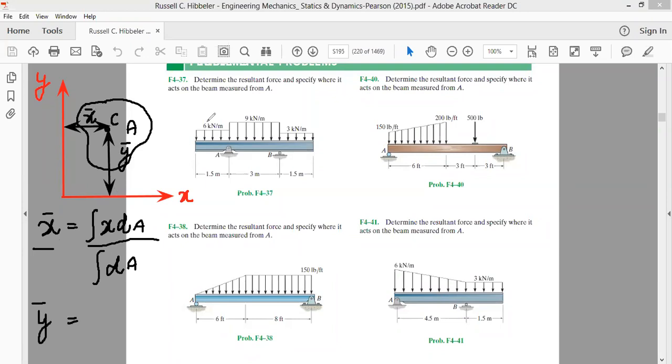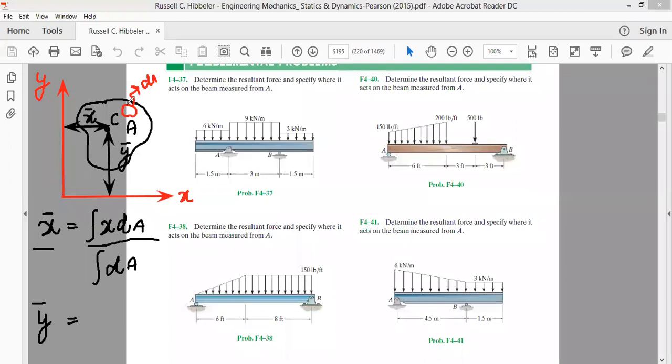In order to find that, we take a very small area. In this total area A, we define a very small area, and say let this be a very small area called dA.